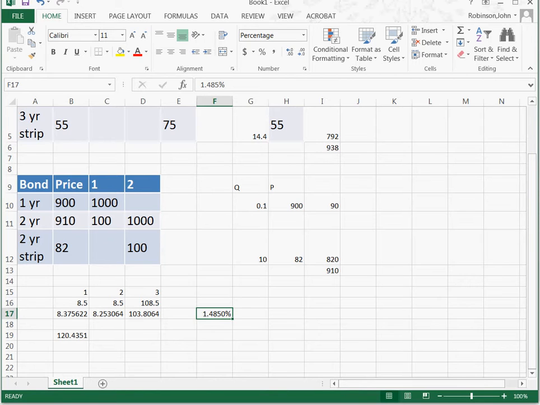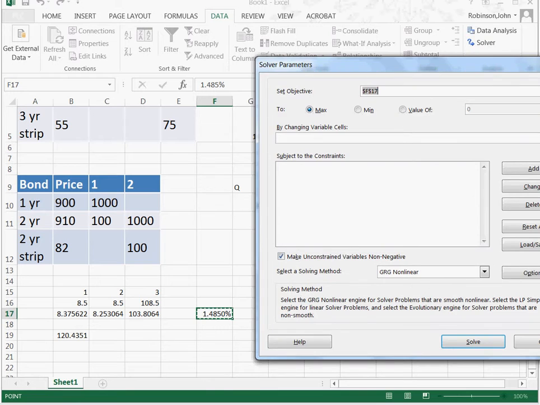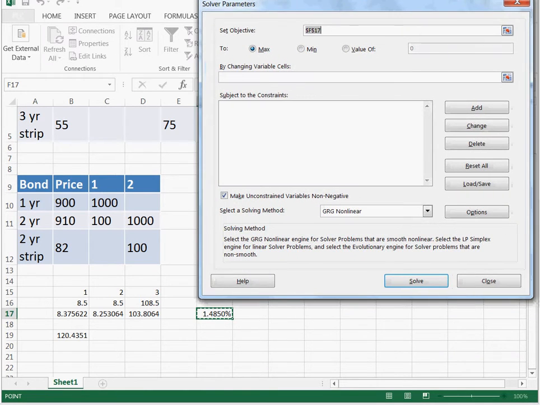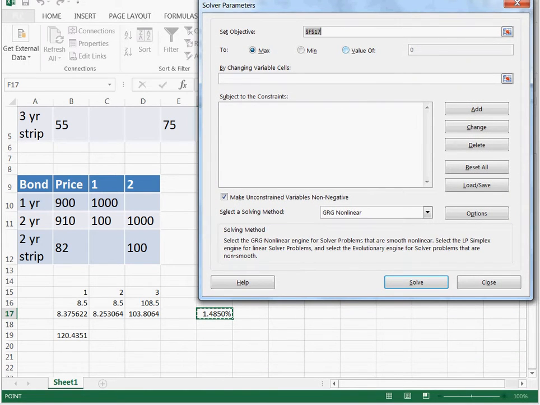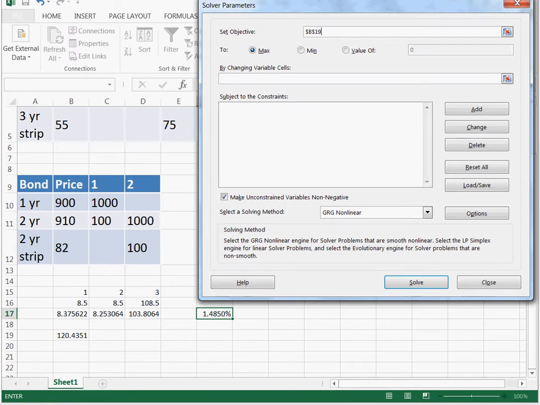If we go into Excel and do Solver, you can see that dialog here. We're going to say, let's make this cell right here a value of 120.44 by changing the interest rate.